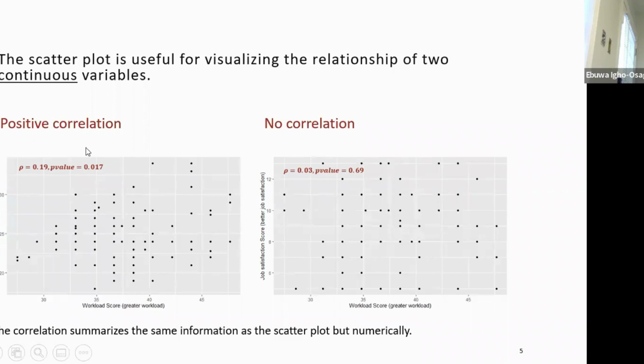The graph on the left already says positive correlation. So tell me the direction of this positive correlation. You can say it moves from the top left down to the bottom right, or it moves from the top right down to the bottom left. That's what I'm asking you to tell me.